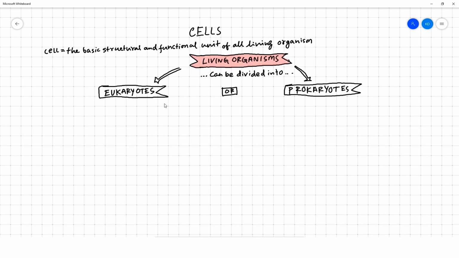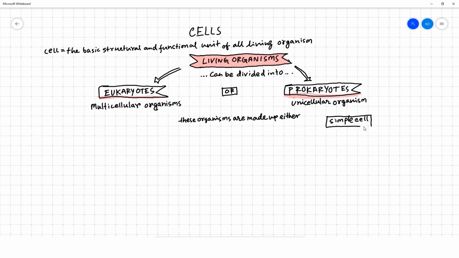Organisms are multicellular or unicellular, and these organisms are made up of either simple cells or complex cells. Remember these two things: one is complex, the other is simple.